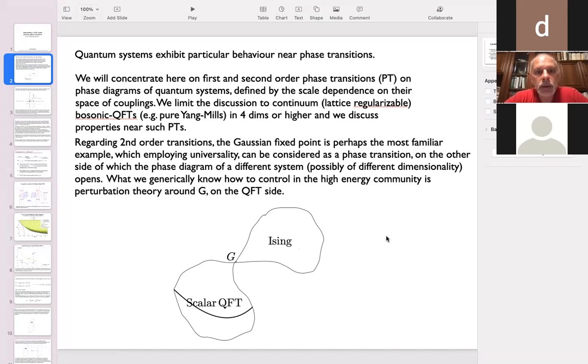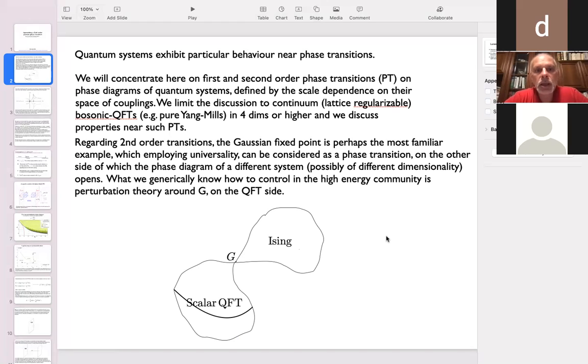And I will think of these quantum field theories as defined by the use of a regulating scale, which we can think of as the scale mu that one introduces when one regularizes quantum field theory by dimensional regularization.